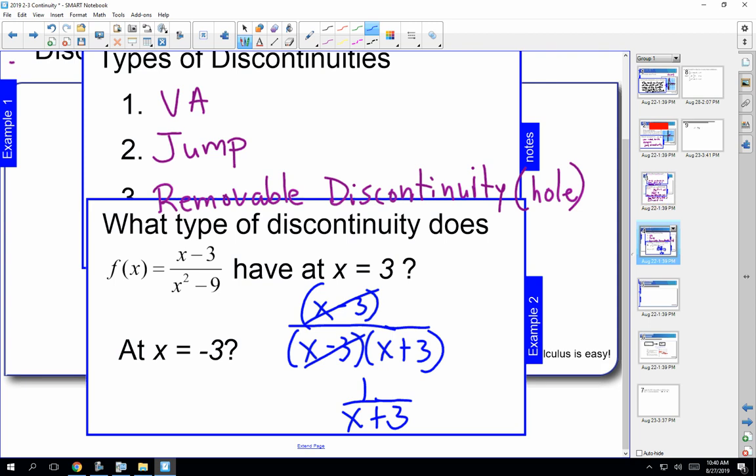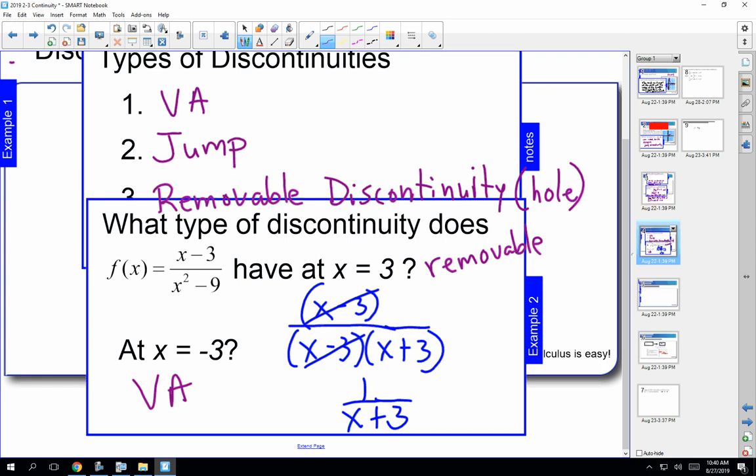So what type of discontinuity do I have at x equals 3? Removable. It's a hole. And then at x equals negative 3, we have a vertical asymptote. And so those are two of the three types there on that one function.